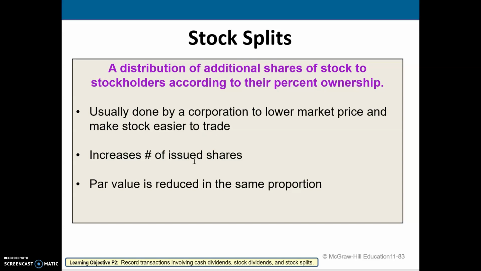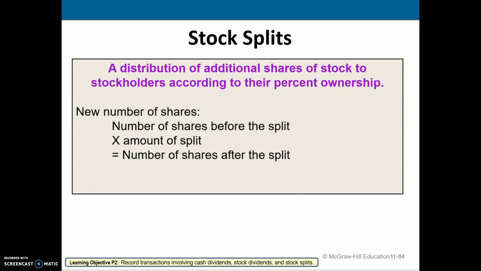We're increasing the number of shares, and then we reduce par value by the same proportion, and the market price will also be reduced by the same proportion. But if the stock is strong, it'll grow back up, and now those investors are going to have multiple numbers of shares, and each share is going to climb back up. So that's how people become millionaires.